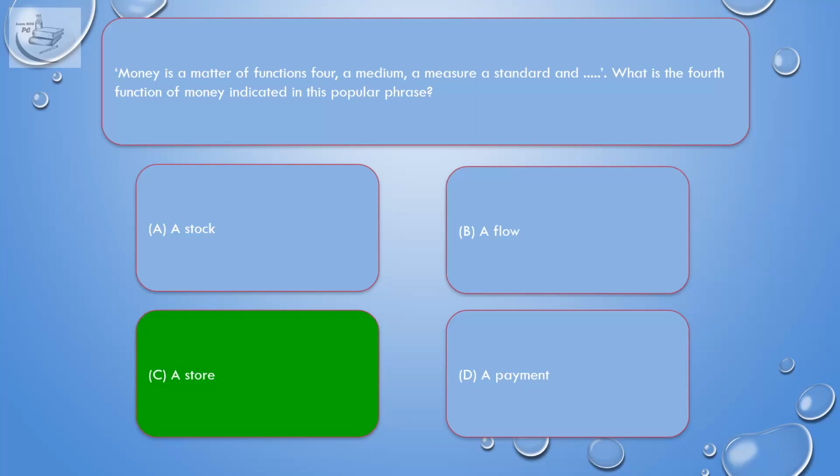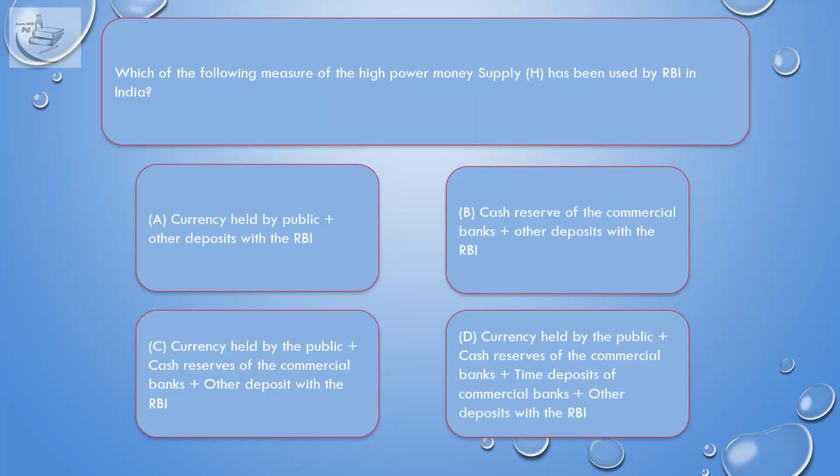Correct answer is C. A store. Question: which of the following measures of the high power money supply, H, has been used by RBI in India? A. Currency held by public plus other deposits with the RBI. B. Cash reserve of the commercial banks plus other deposits with the RBI.